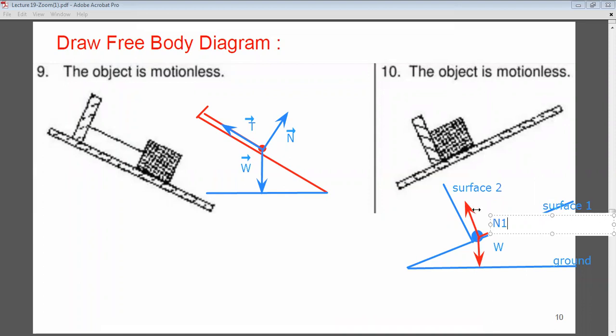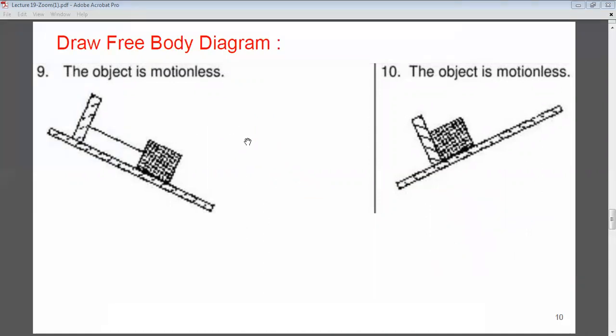This is normal 2. Okay, it didn't mention anything about friction or anything, so we assume there is no friction. So this is how we draw a free body diagram.